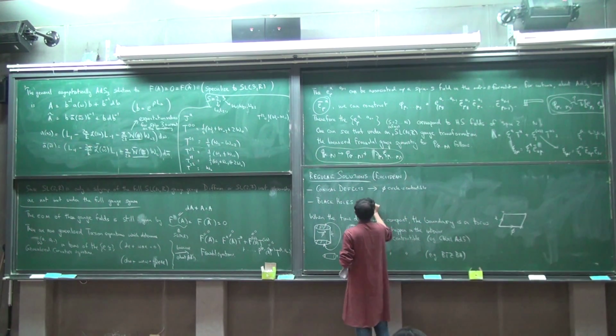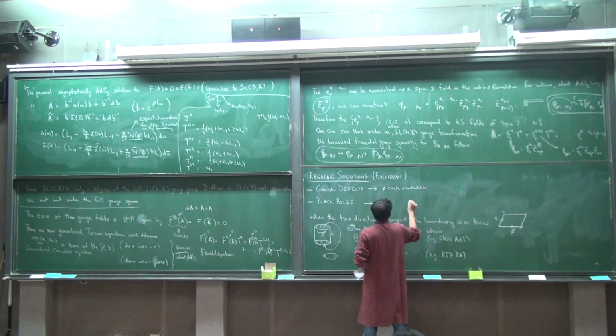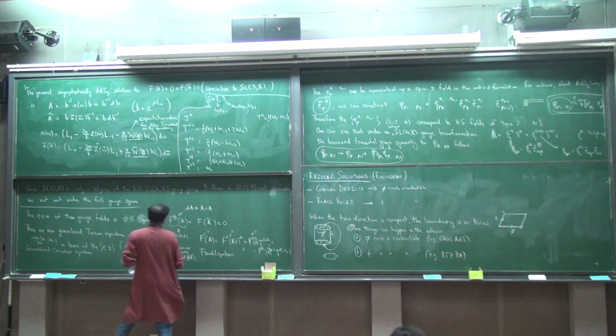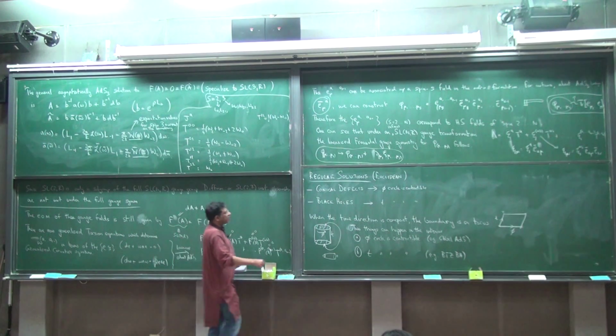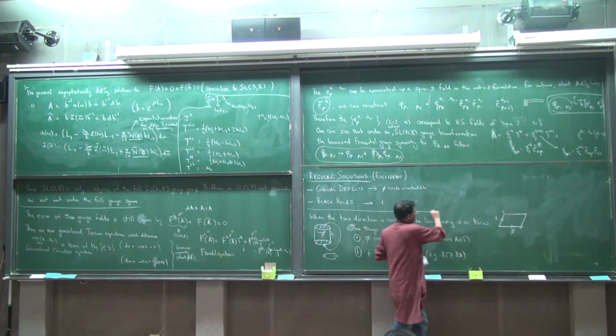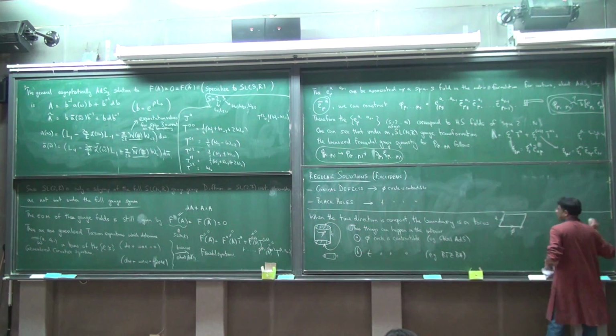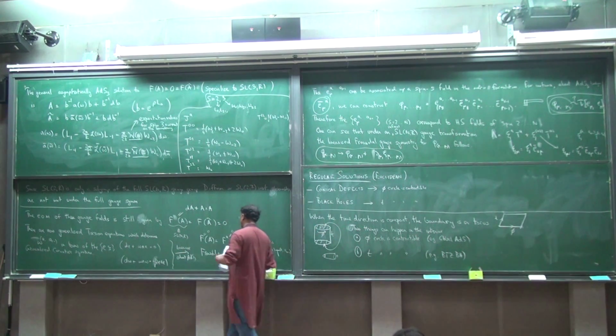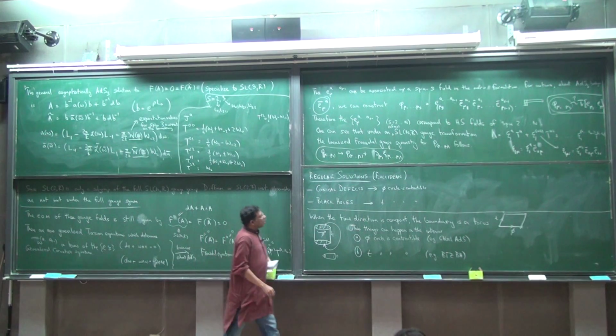We'll call the solutions where the phi circle is contractible conical defect-like solutions, and black holes the ones where the T circle is contractible.